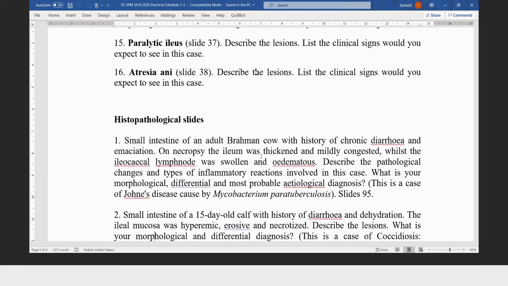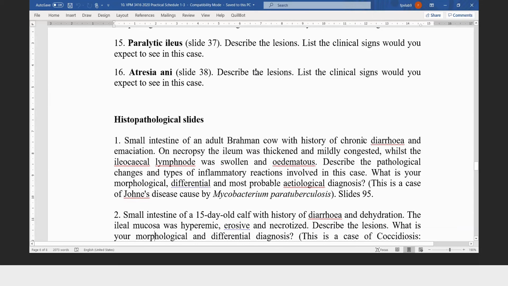Okay. So for this slide, what is actually given is a history, which is an adult cow, Brahman cow, and it is an intestine. And then in terms of clinical sign, the animal has chronic diarrhea and emaciation. Chronic diarrhea, yeah.